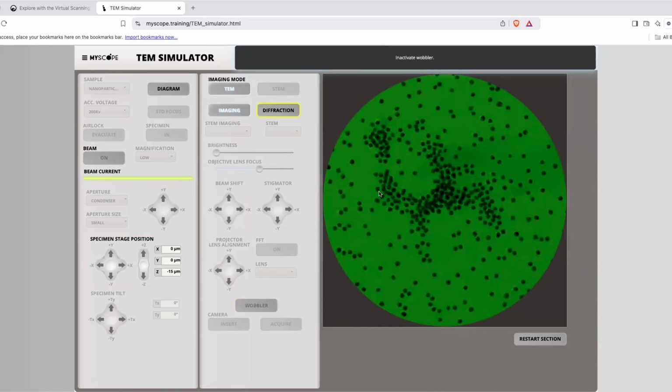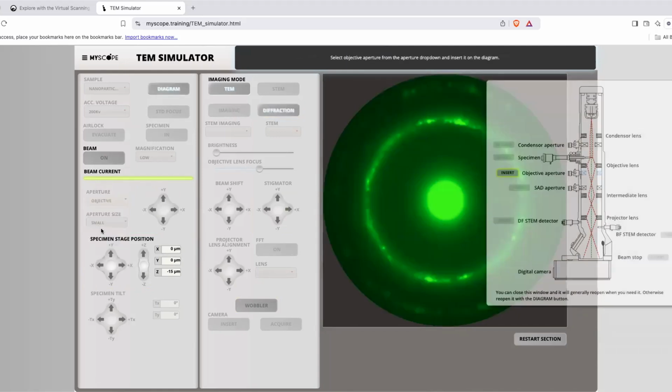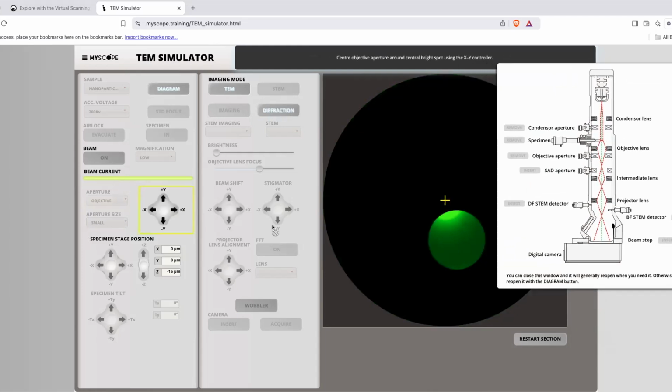Click back. One thing that is routinely used is looking at the diffraction, which we will go through a bit later. Then you insert again and routinely take the sample beam back to the center.